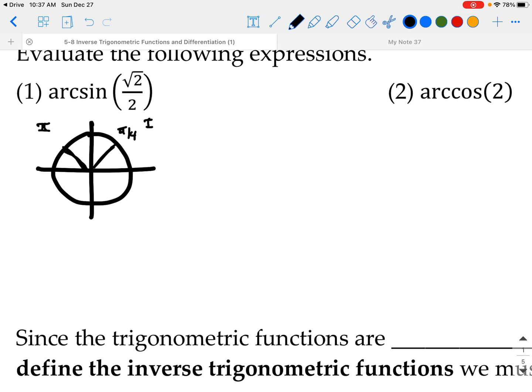So that would be pi over 4 or 3 pi over 4, and then we can include any multiple of those as well. However, we're restricting these as functions. So the only one that we care about for arcsine for our function expressions is the very first value that we end up with. So our answer to this would simply be pi over 4 or 45 degrees.